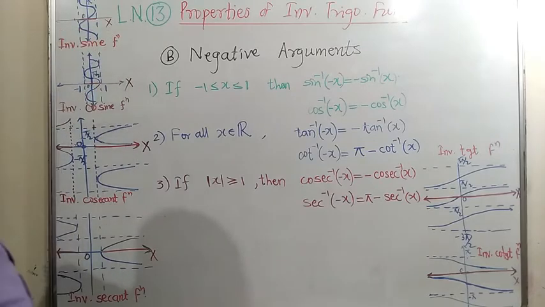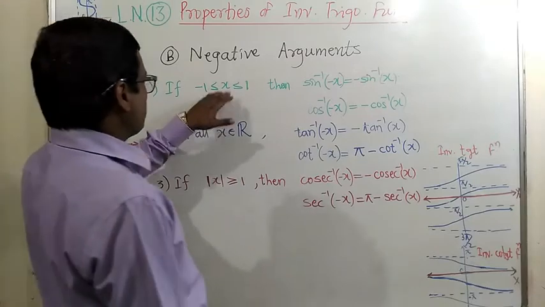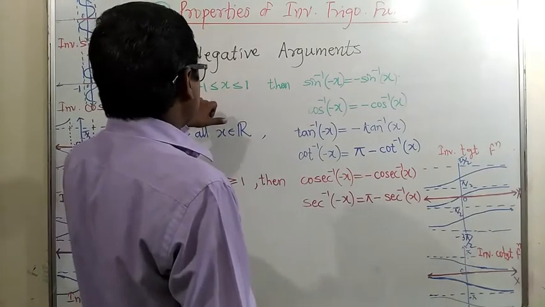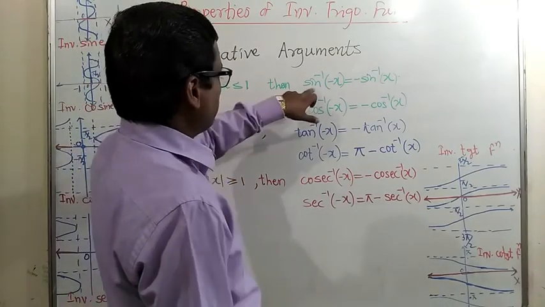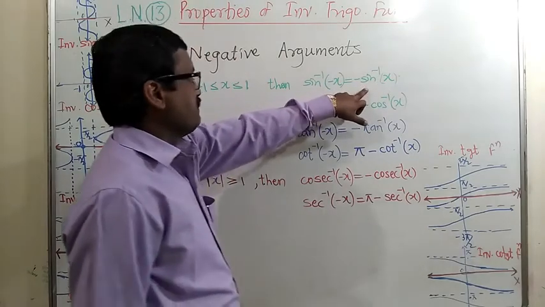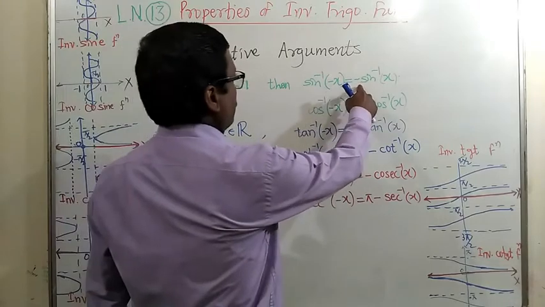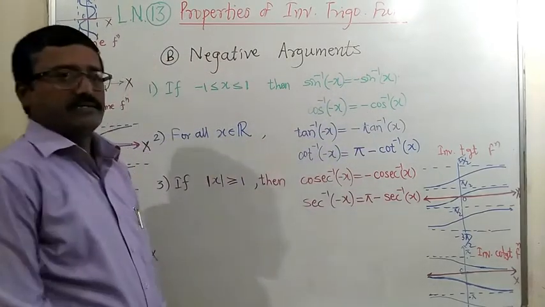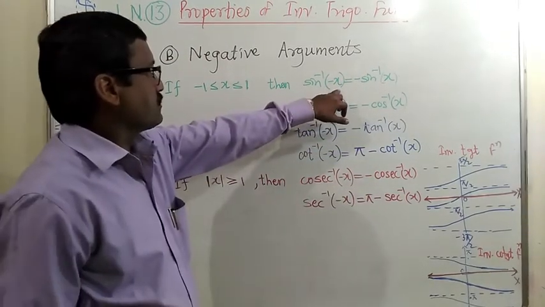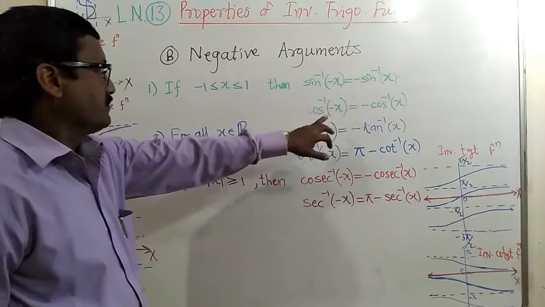Therefore, whenever the domain is the closed interval minus 1 to 1, sine inverse of minus x is minus sine inverse x. This means the negative sign can be taken outside the inverse function if x belongs to the domain of the sine inverse function.